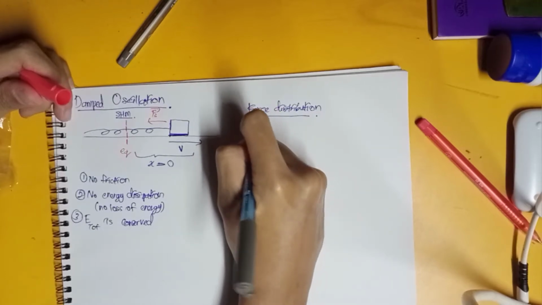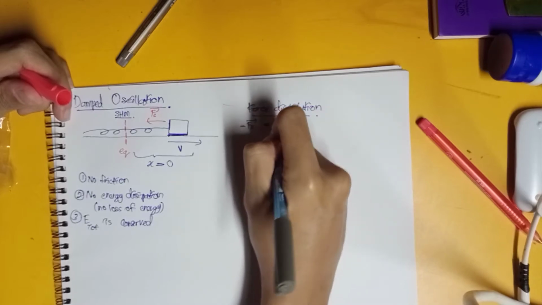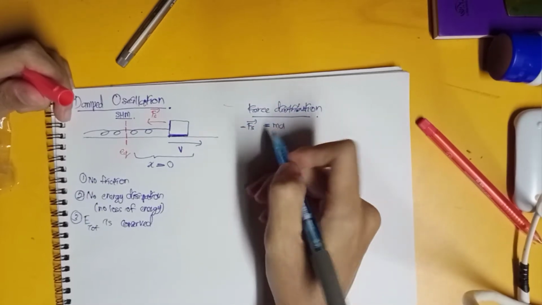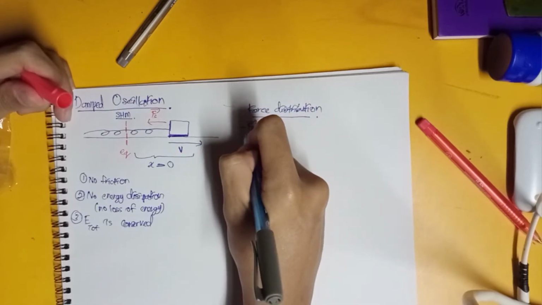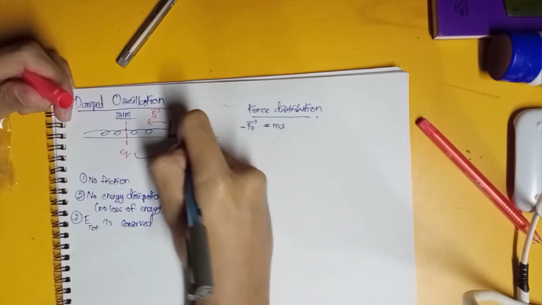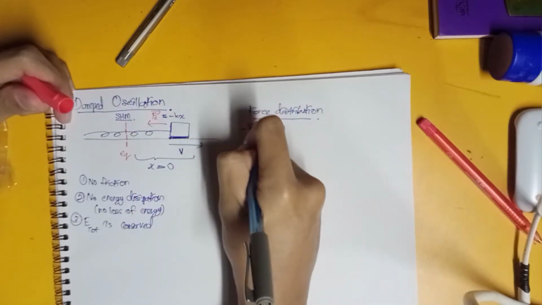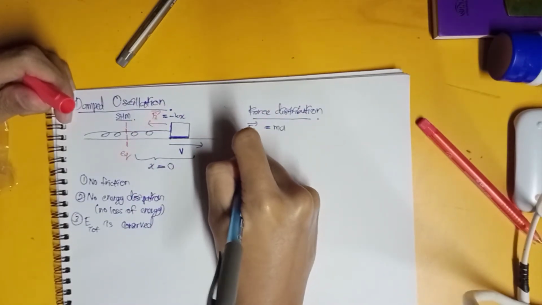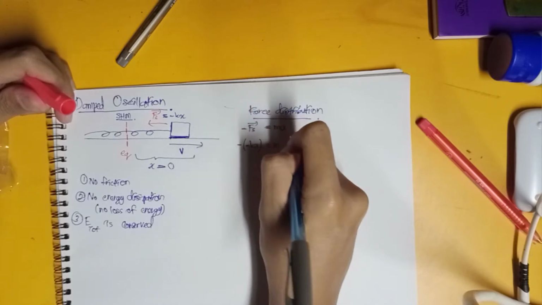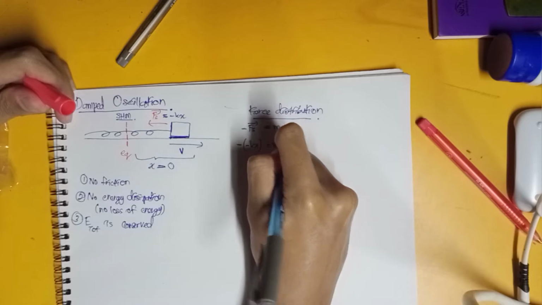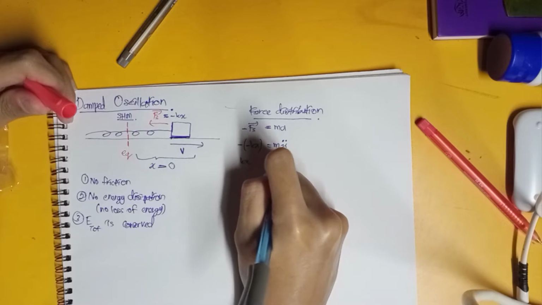Since the force is directed to the left, it is negative. So negative Fs, the negative restoring force, is equal to ma, always related to Newton's second law. We know that Fs is equal to negative kx. So negative multiplied with negative kx equals m times a, where a is acceleration, represented as x double dot. At the end we get kx equals m x double dot.